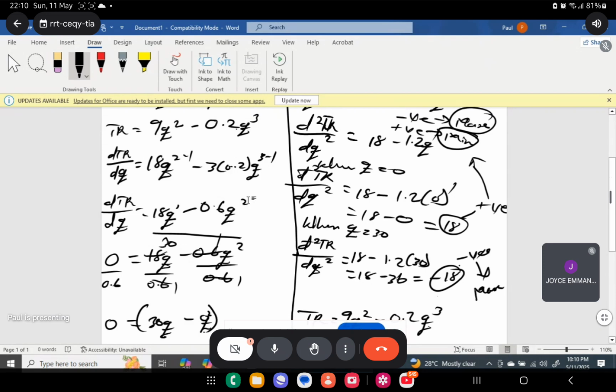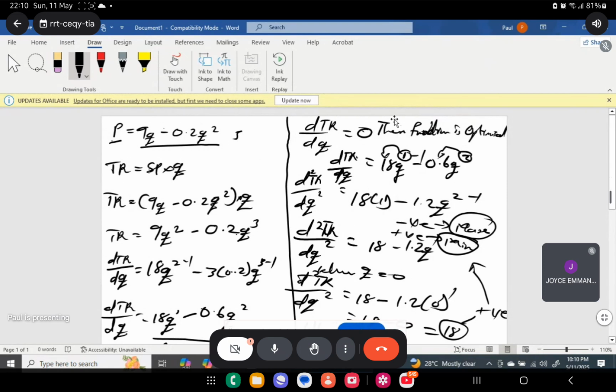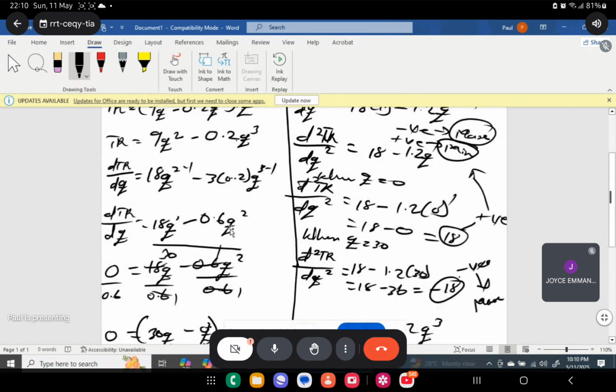Do you understand? From here, we know that the function is maximized when the first derivative of the total revenue is equal to 0. So we have to equate what we got to 0.